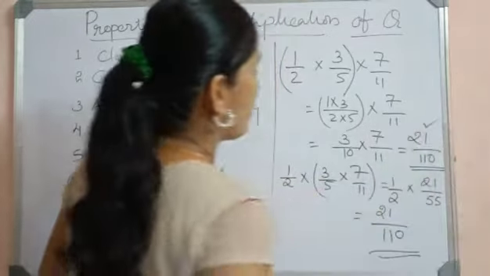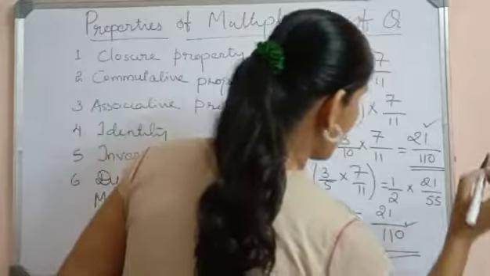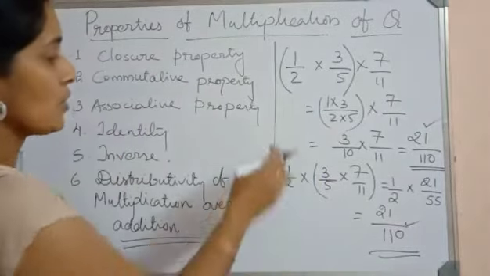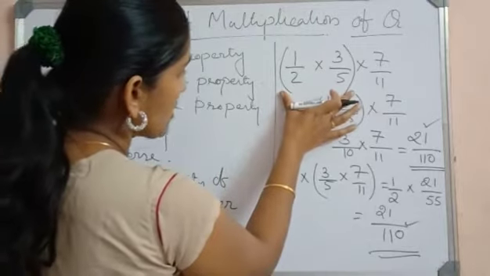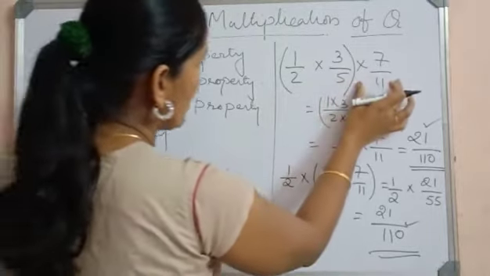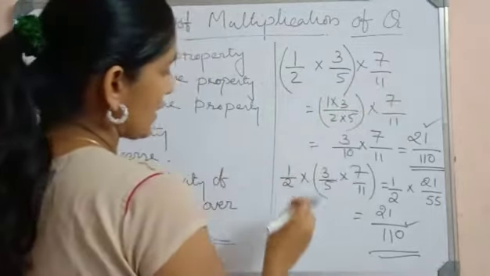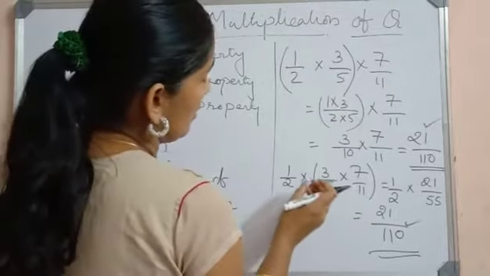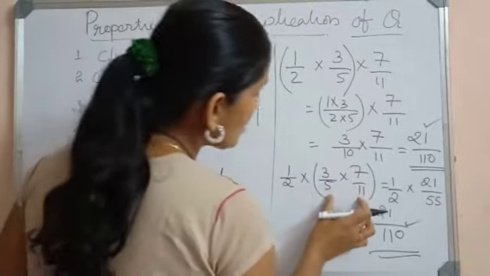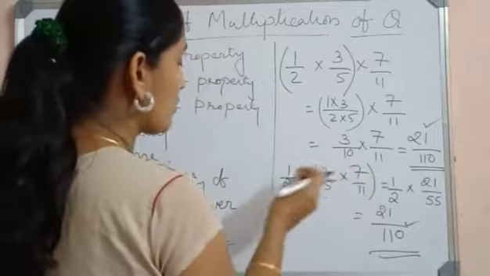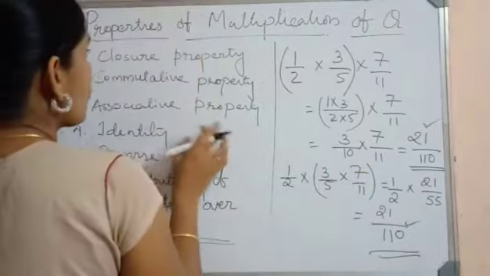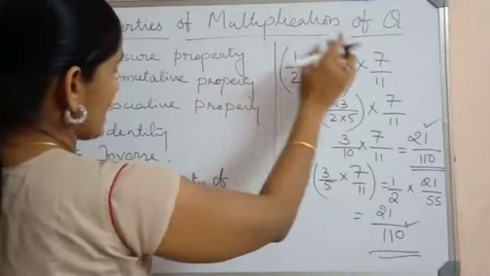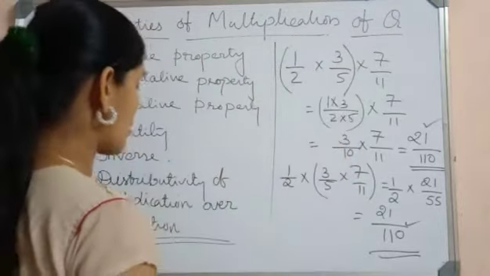Here also 21 by 110, and even here also 21 by 110. So in both cases, when you multiply the first two rational numbers and the product with the third rational number, that remains the same as the product when you multiply the last two rational numbers and the product with the first number. This is what the associative property says. The associative property of multiplication is satisfied for the set of rational numbers.